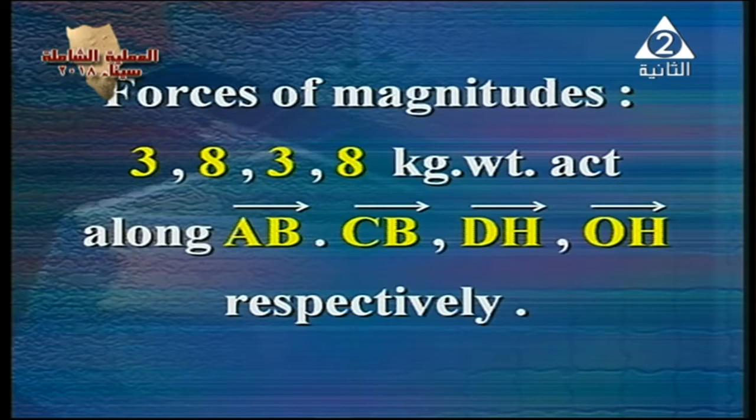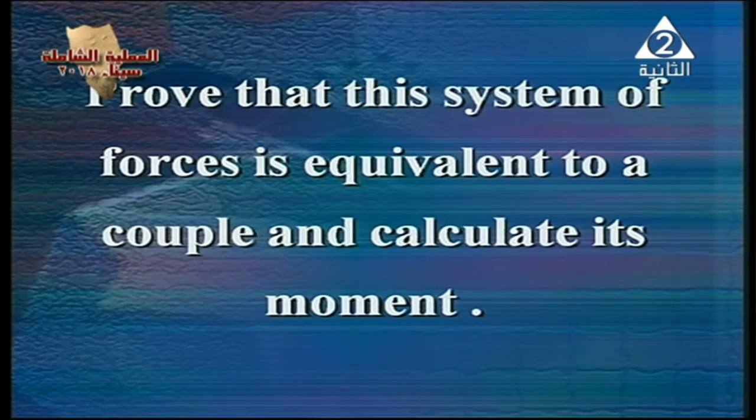Forces of magnitude 3, 8, 3, 8 kilogram weight act along AB, CB, DH, OH respectively. Prove that this system of forces is equivalent to a couple and calculate its moment.